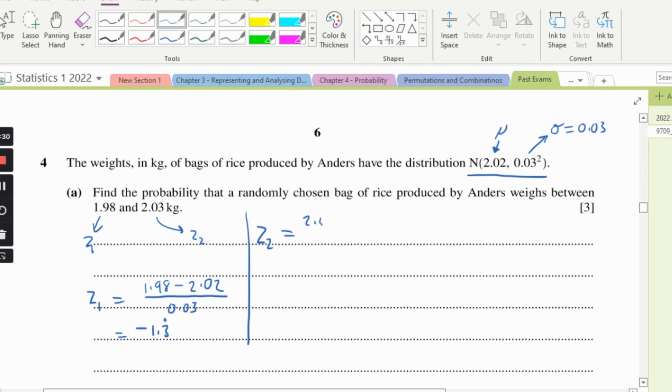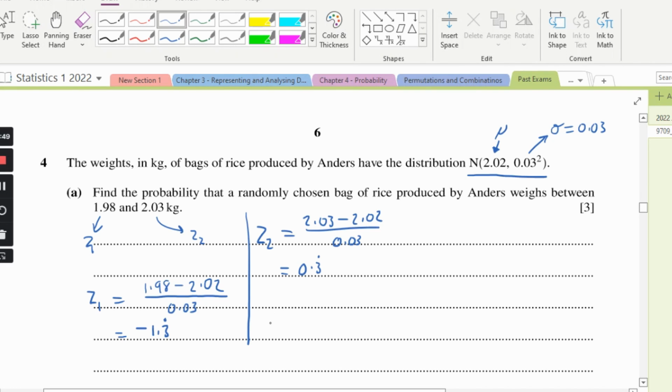And here we've got 2.03 minus 2.02 all over 0.03. Who's got a Z number for that? 0.3 recurring.